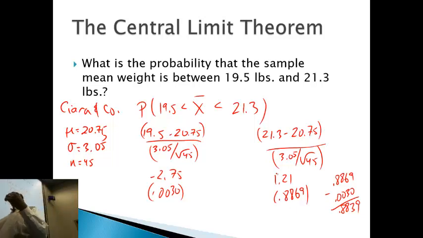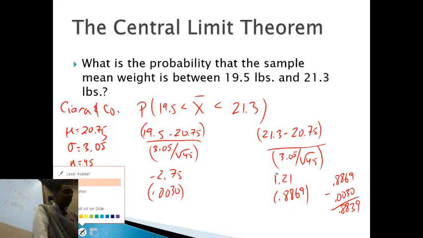So I said previously that Part B was an easier exercise. It actually requires more work. You have to find the z-score for the left-hand side and the z-score for the right-hand side. But Part B is actually easier if you use a calculator. So, Miss Sierra, hello. How did you use it?